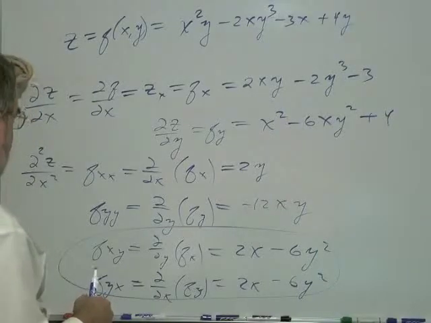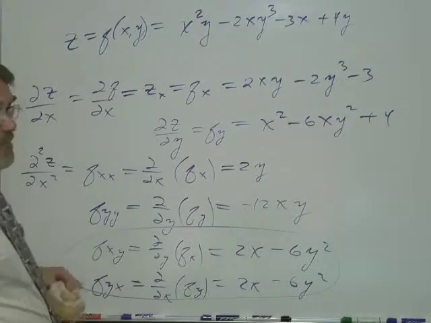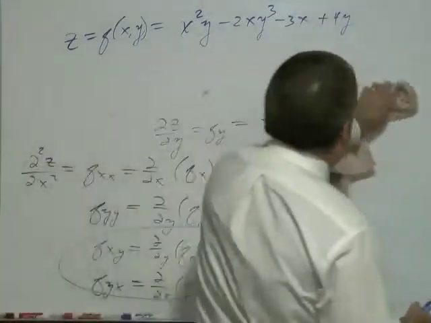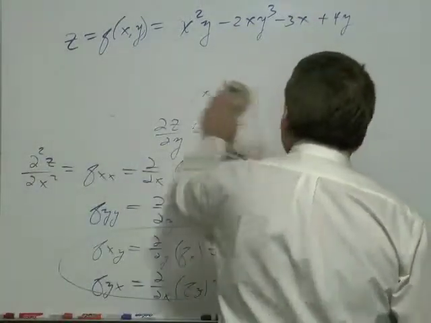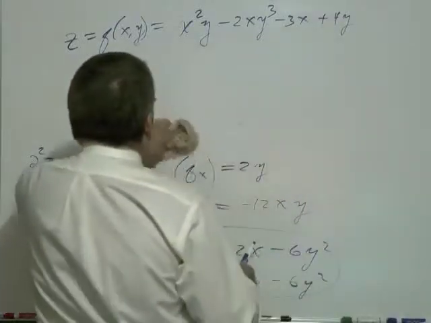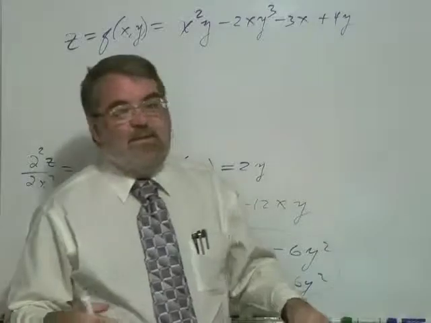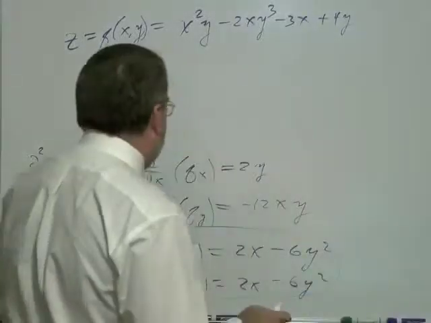It turns out that these two are always equal. So the only time they won't be equal is if you have something strange going on, like a disconnected region or something's not continuous in some place.